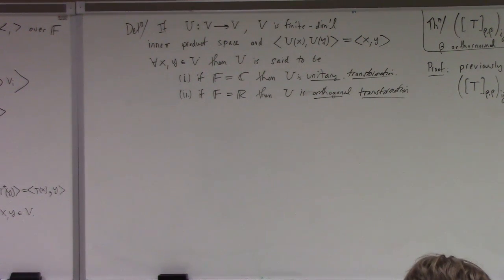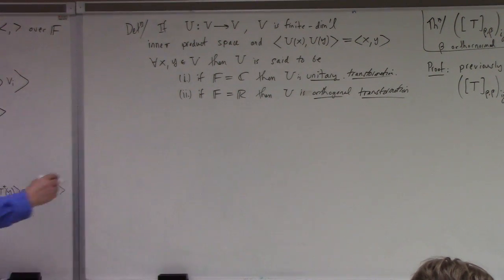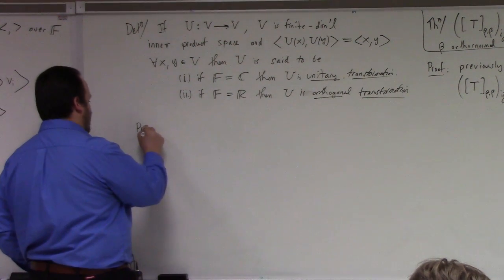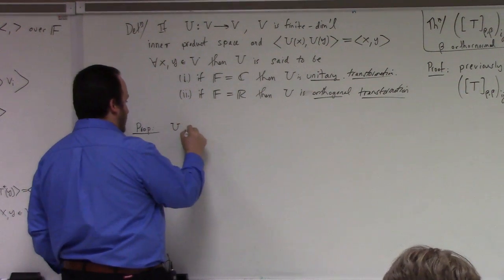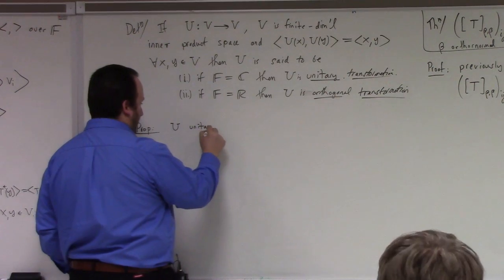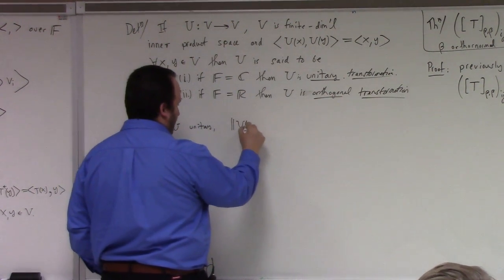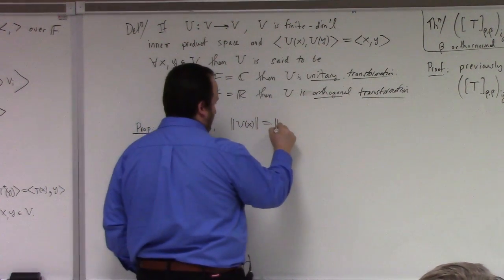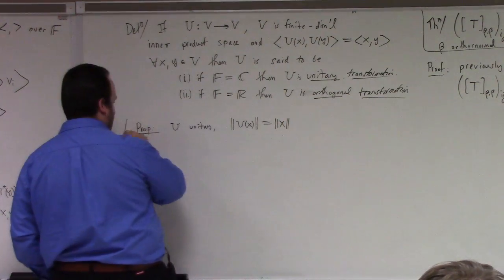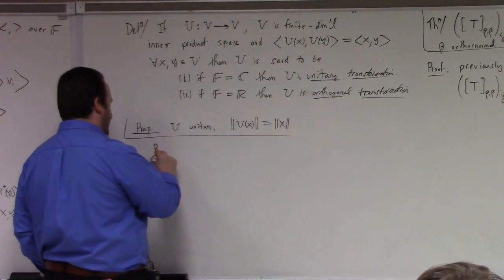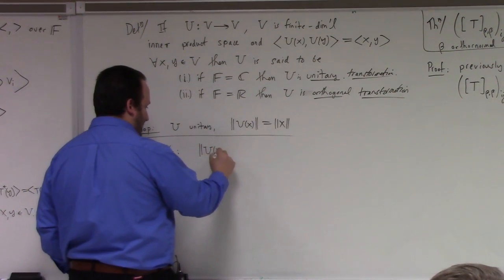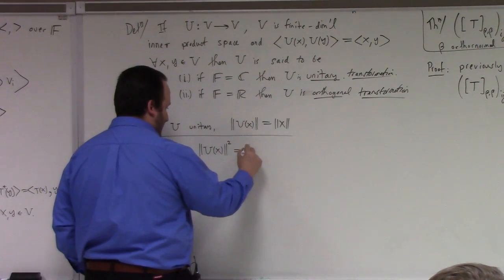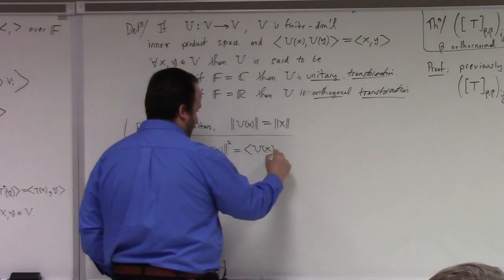How do I know that? Well, how do we define the length of a vector? So if U is unitary, then the length of U of x is equal to the length of x. Proof. The length of U of x squared is the inner product of U of x with U of x, right?